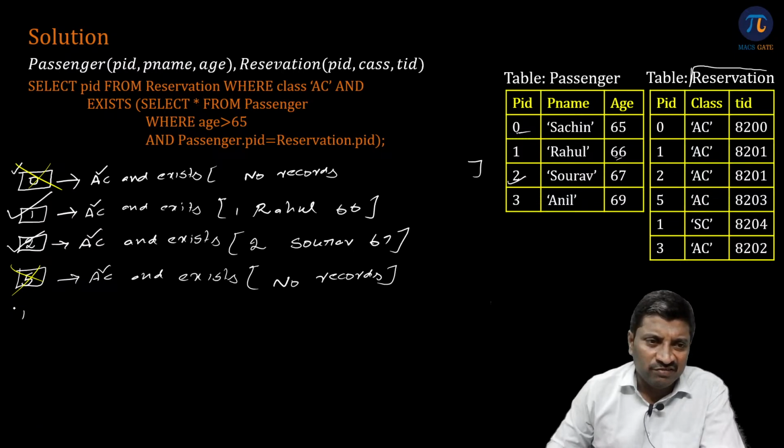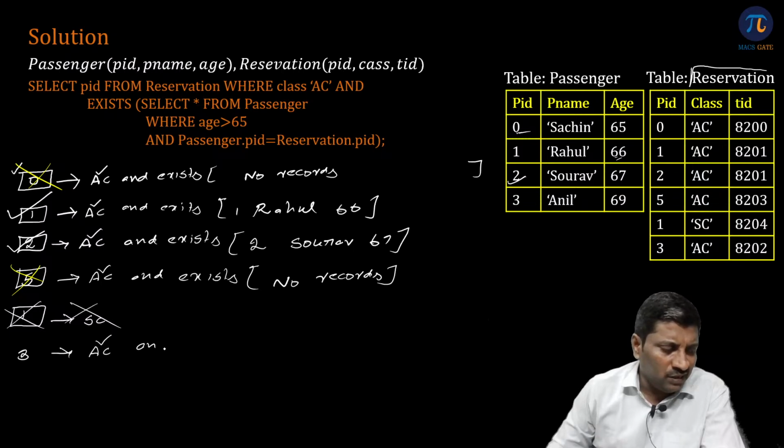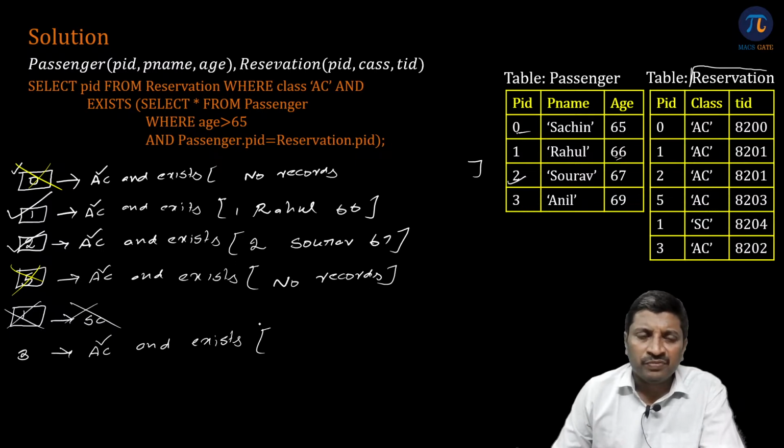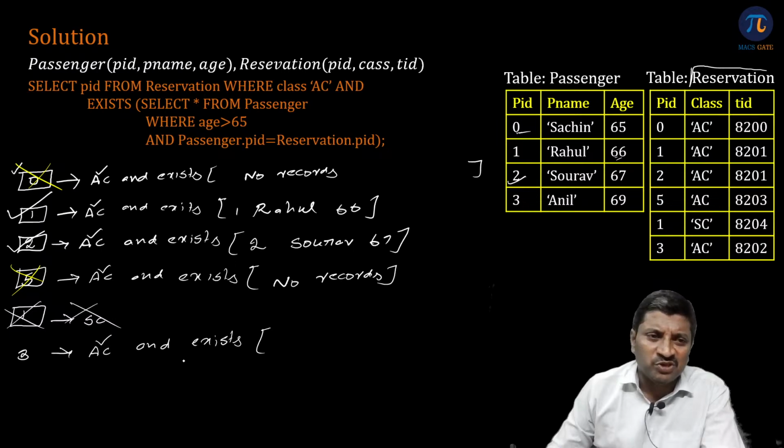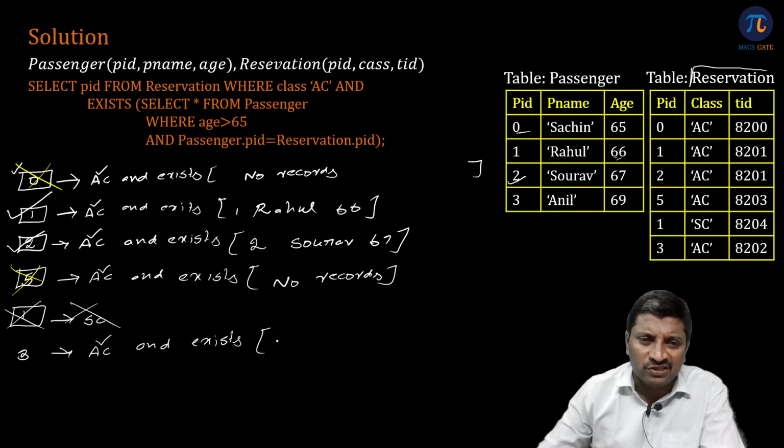Then the next one is again 1. Is it AC? No, sir, it's not AC. So we don't get it. Then 3. Is it AC? Yes. And exist. Exist, right? Fine. So ID must be equal to 3. Age must be greater than 65.